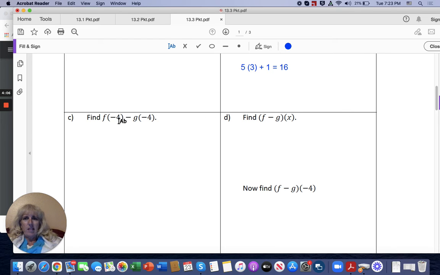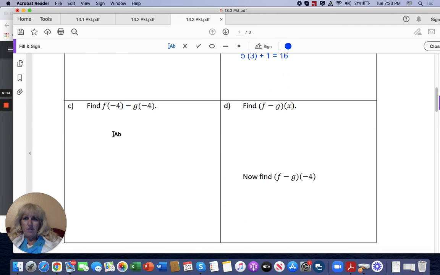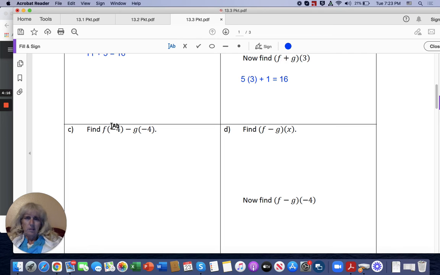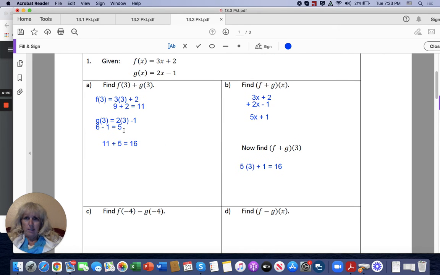Find f of negative 4 minus g of negative 4. So we're going to put negative 4 into each of these, and I can say f of negative 4. Oh man, maybe I'll have to zoom out just a little bit here.